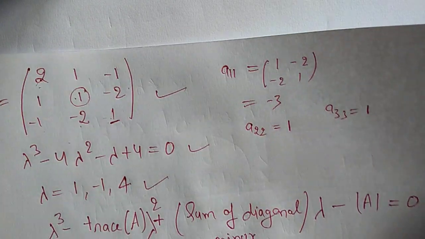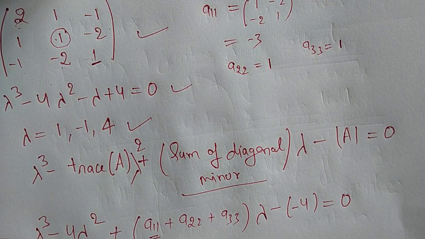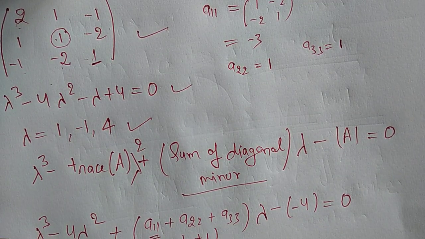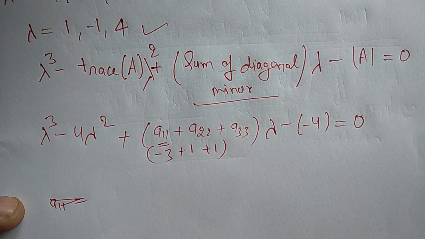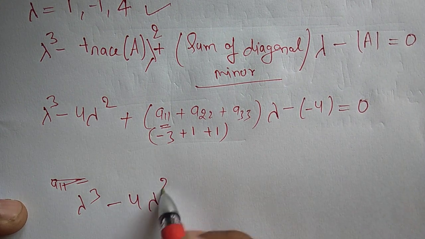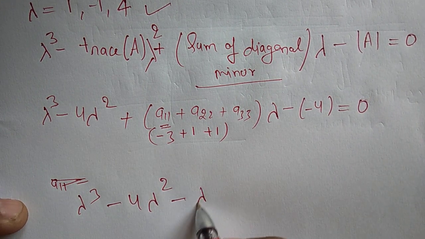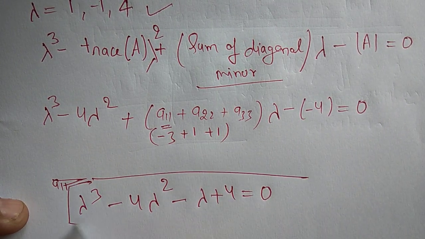So if you add, we are getting minus 3 plus 1 plus 1. So finally we get lambda cube minus 4 lambda square minus lambda plus 4 equal to 0. So this is your characteristic equation.